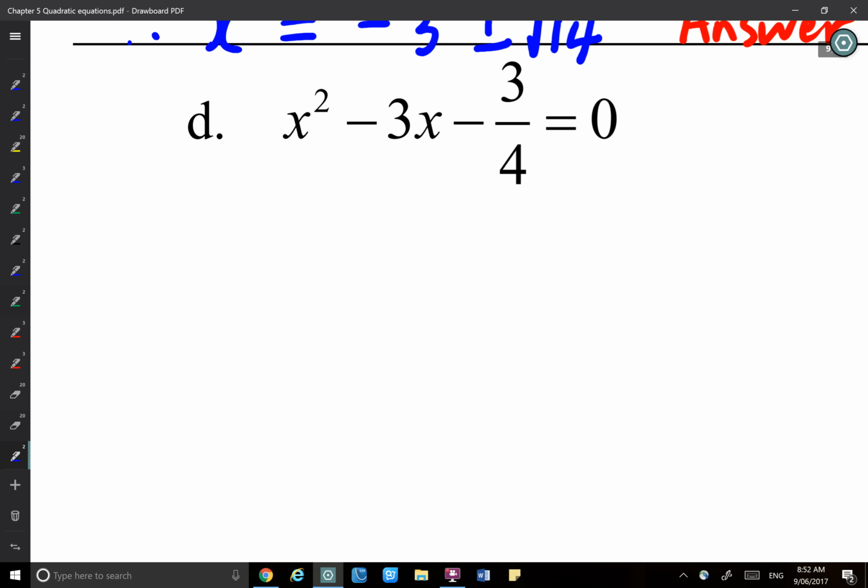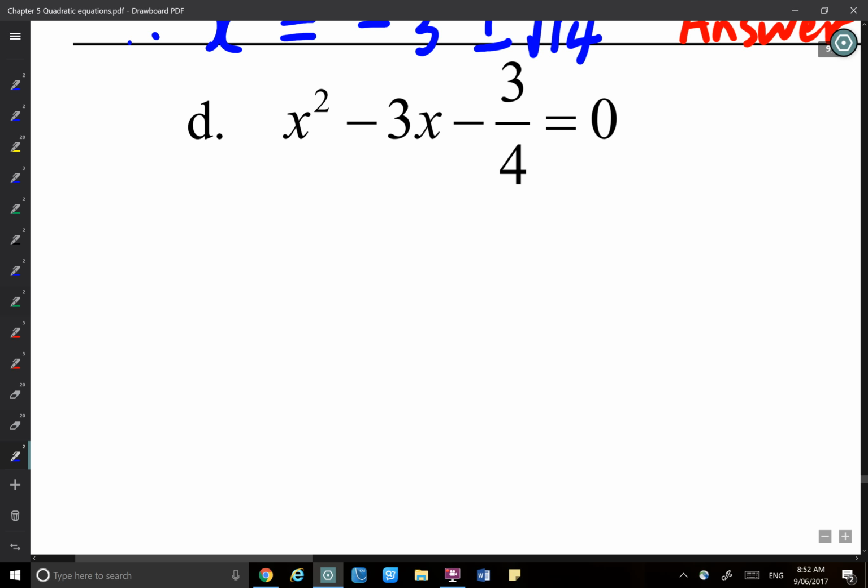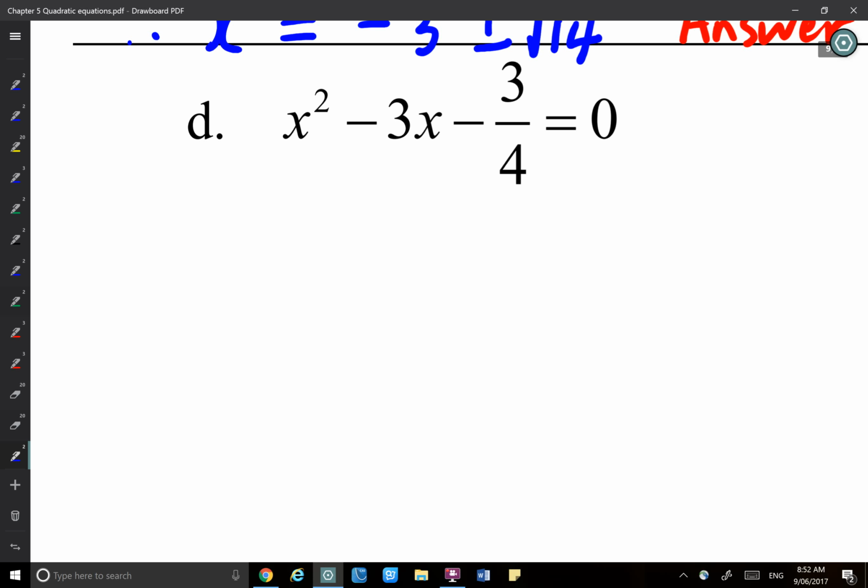Okay, we have x squared minus 3x minus 3 over 4. What I will do, with 3 over 4 obviously can't use cross multiplication. x squared minus 3x minus 3 over 4 equals 0.